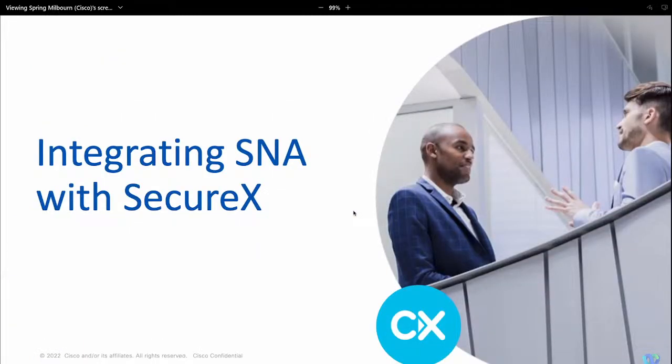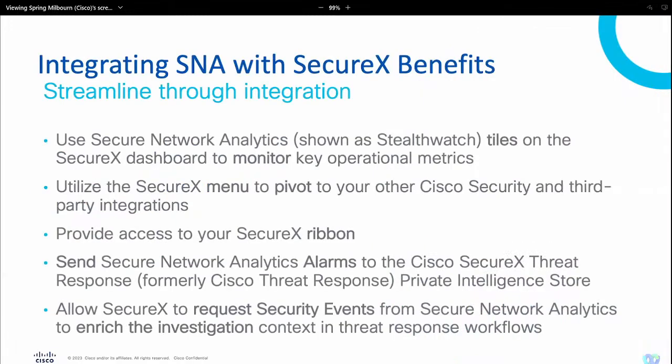So first up, I'm going to step you through how we go about integrating SNA with SecureX. To highlight some of the benefits once that integration is established, you're going to have a dashboard within SecureX to monitor those key operational metrics, and you're going to be able to see those alongside your other Cisco Secure products. You'll have a SecureX menu, which allows you to pivot between your security and third-party integrations.